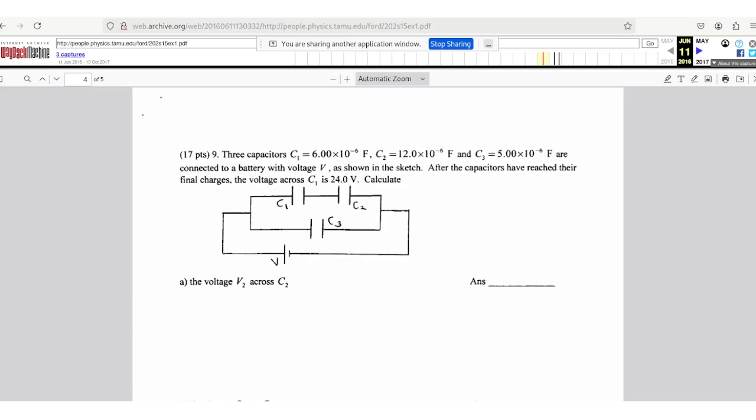So, we have Kirchhoff's loop law here. This guy here was 24 volts, and this one was 12 volts. You go around your loop, so you get V1 plus V2.